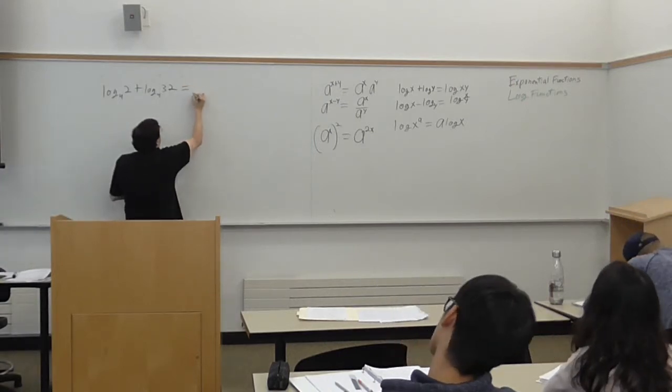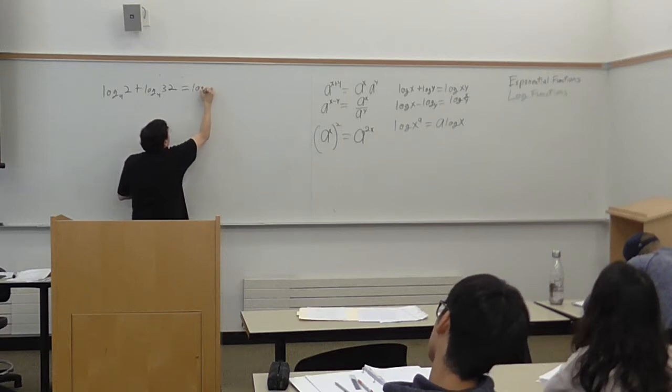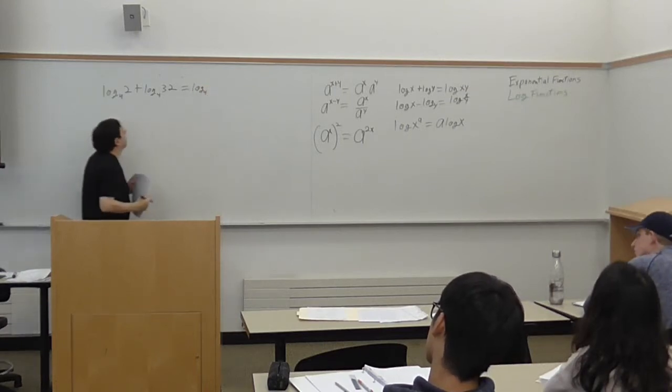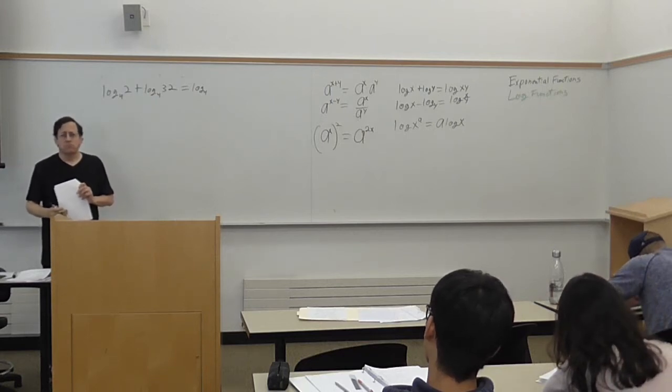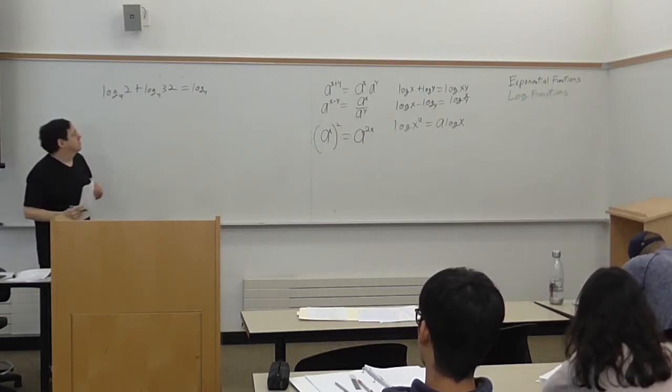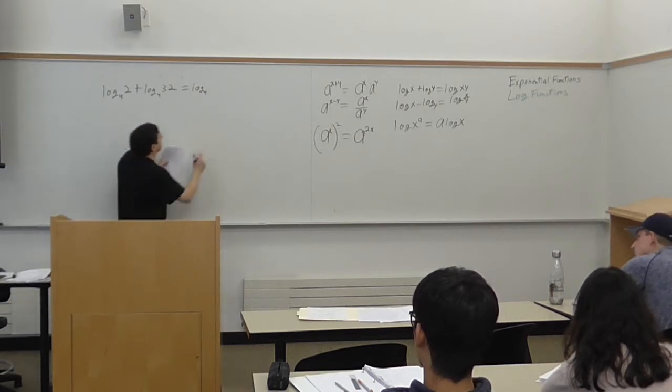So that's, according to my property, log to the base 4 of what? 2 times 32.